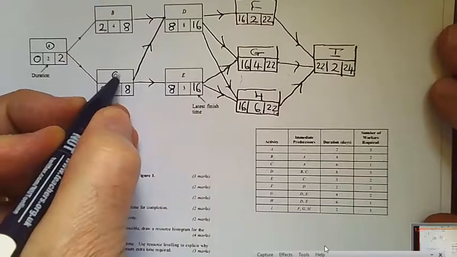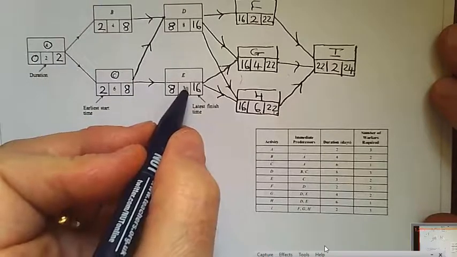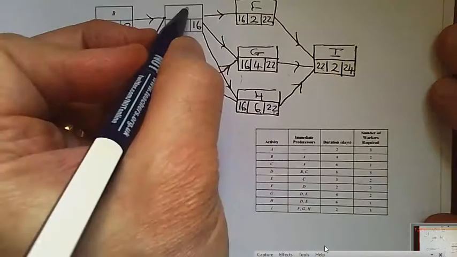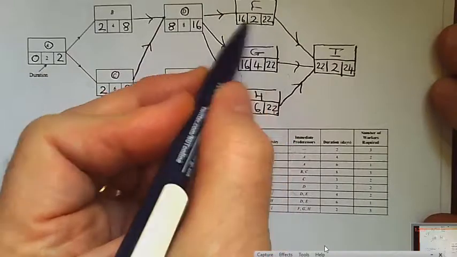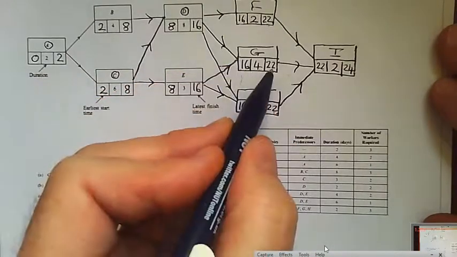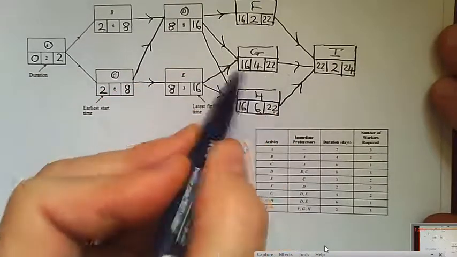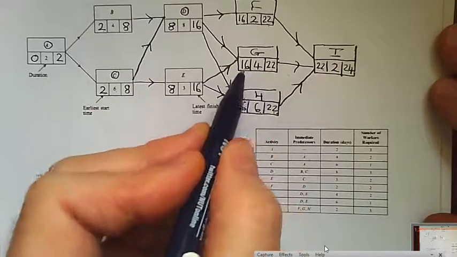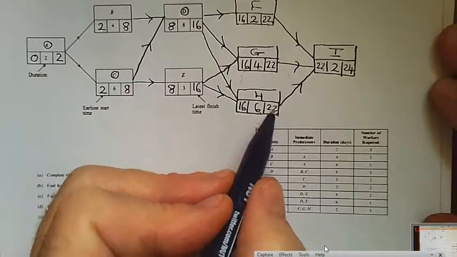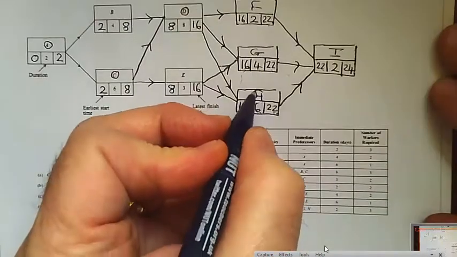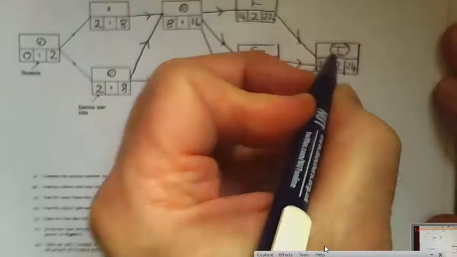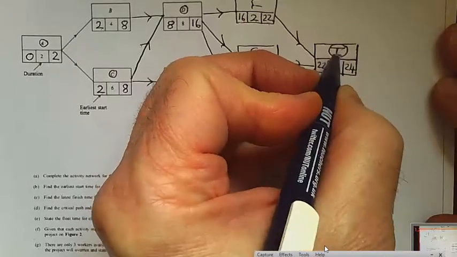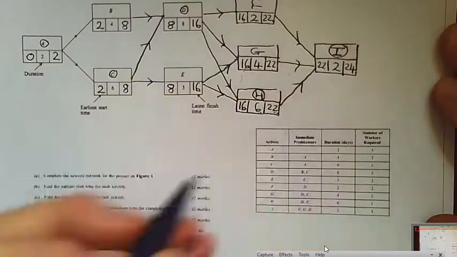C is. E isn't. D is. F isn't. G isn't, because 22 minus 16 isn't 4. H is, and obviously I will always be, the last activity will always be if everything else terminates there.